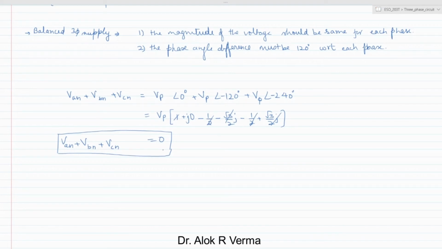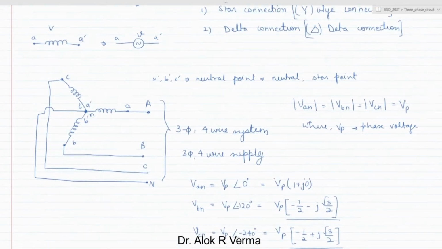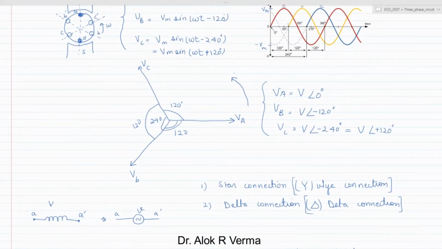Okay. So the phase sequence is the order in which the voltages pass through their respective maximum values. So let us see what the phase sequence means. We see a new term here, which is phase sequence. We have drawn a phasor diagram, we can have a look there. In this case, it is rotating in the anti-clockwise direction.